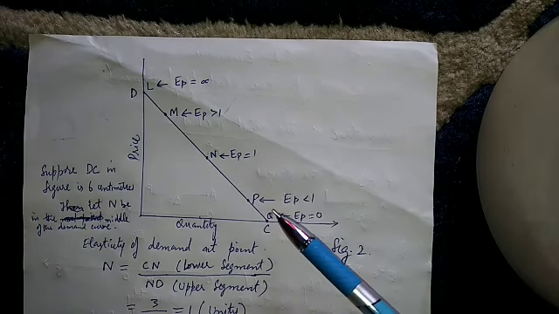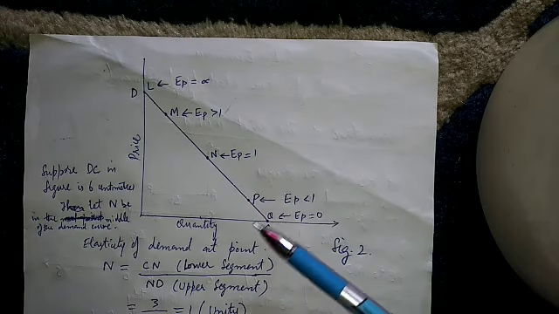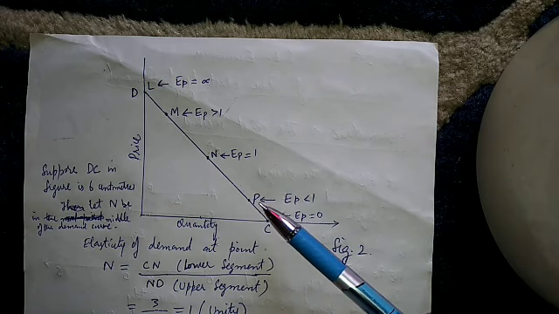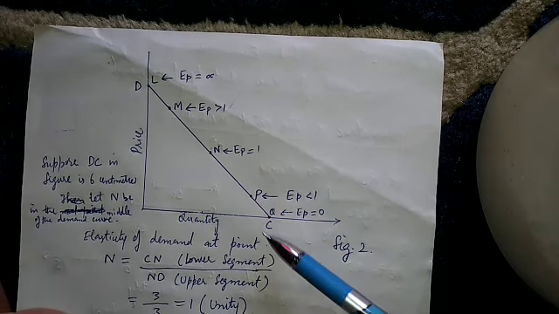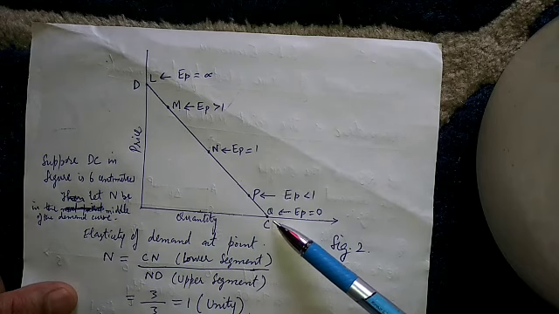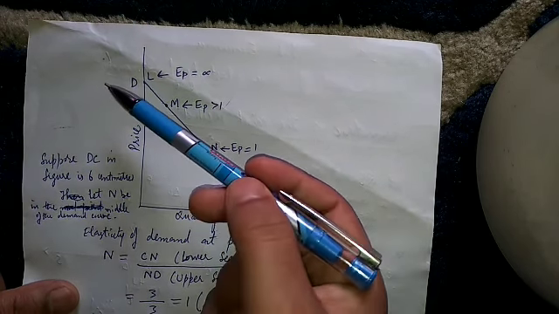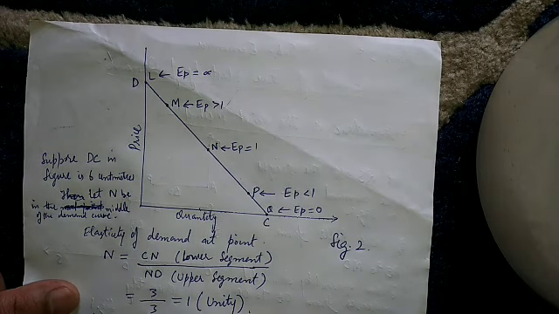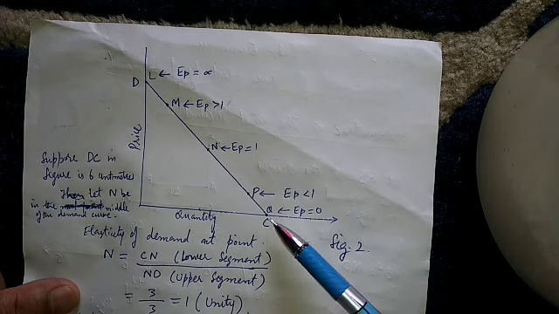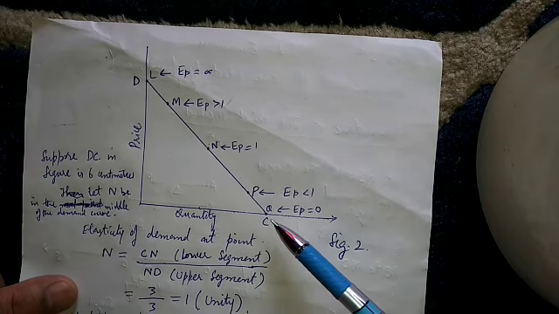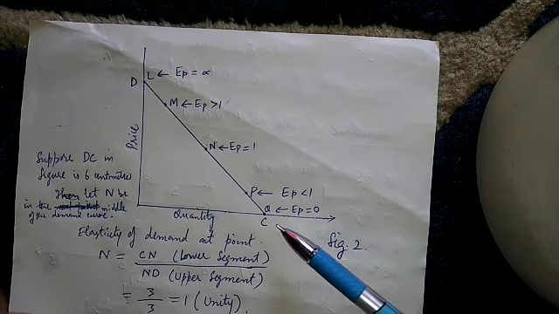It is less than unity. And elastic demand at point Q is equal to CQ divided by QD, that is 0 divided by 6, which is equal to 0. So elastic demand at point Q is 0.